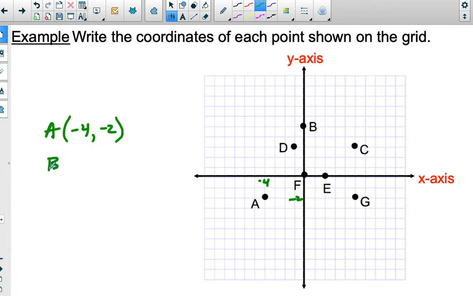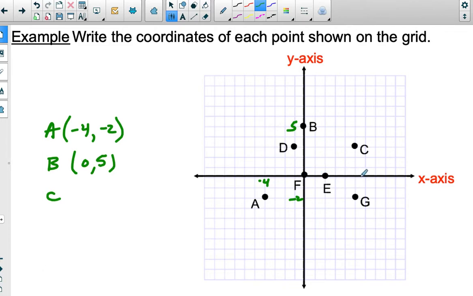B is located at 1, 2, 3, 4, 5 on the, 0 on the x-axis. It's not left or right. And 5 on the y-axis. It's up here at 5. C, 2, 4.